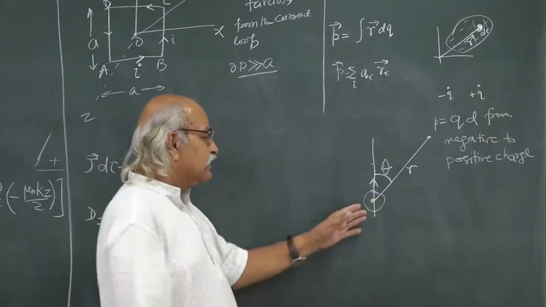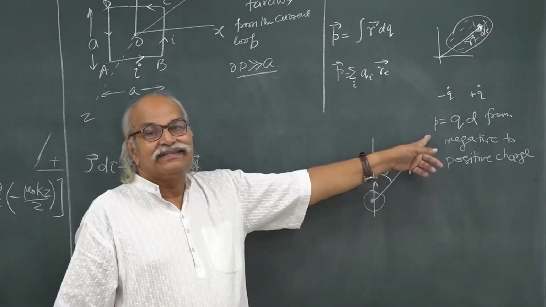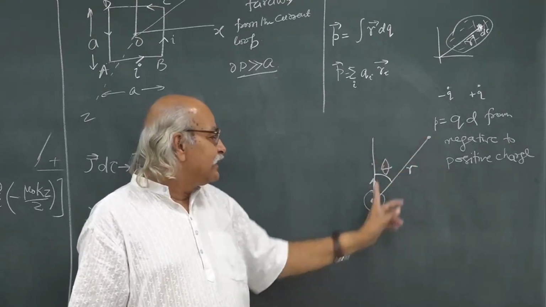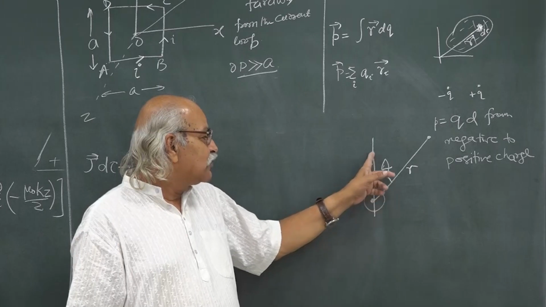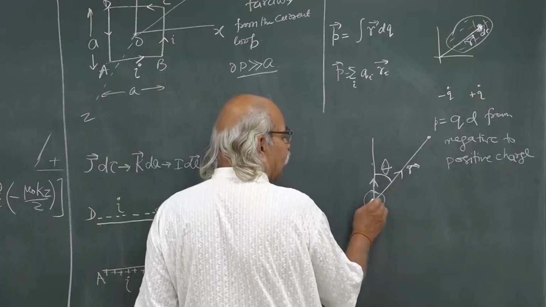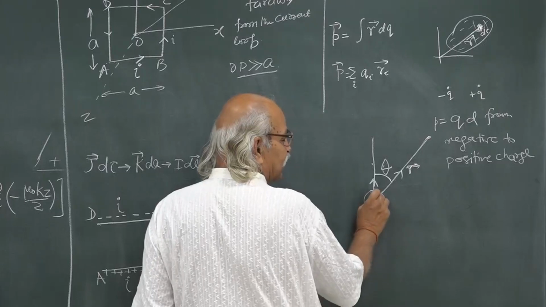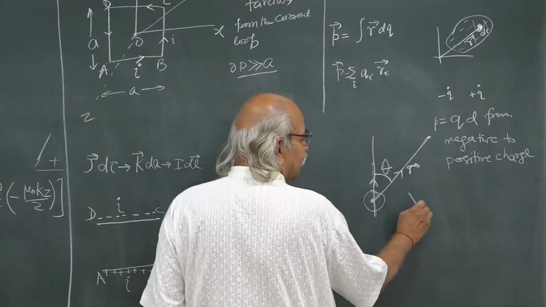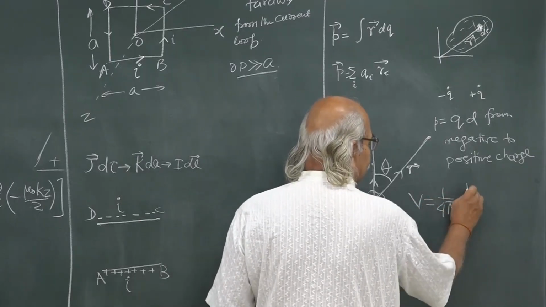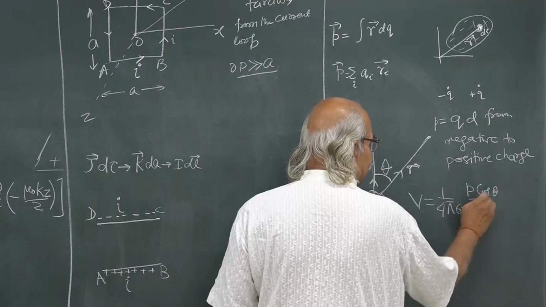The angle between the position vector r of the point where the potential is needed and the direction of dipole moment. Then V is given by 1 by 4 pi epsilon naught, magnitude P, cos theta, divided by r square.